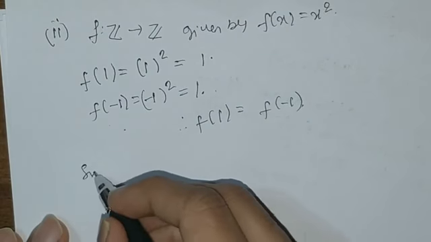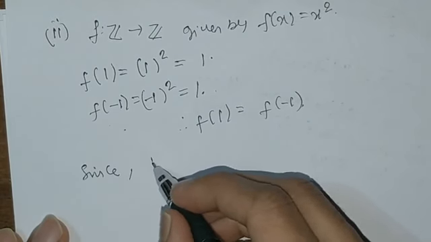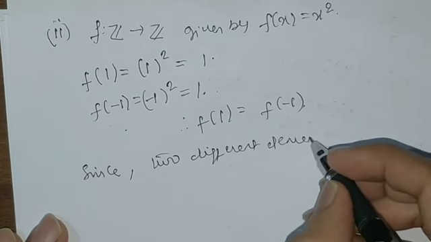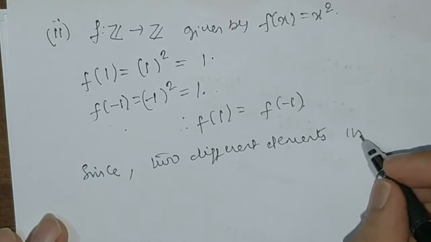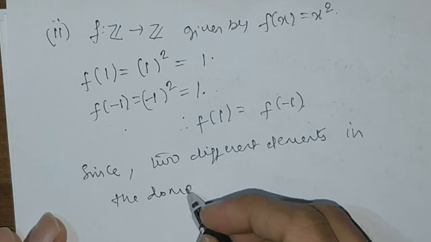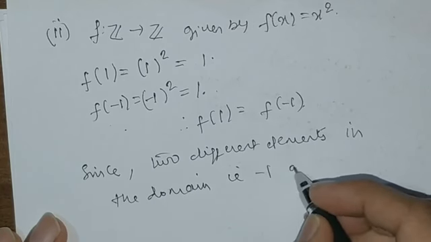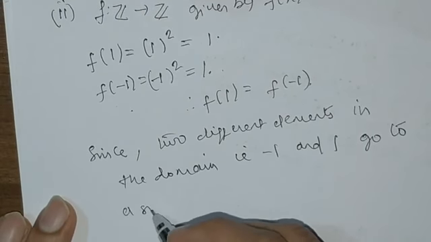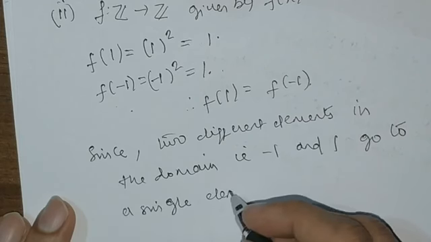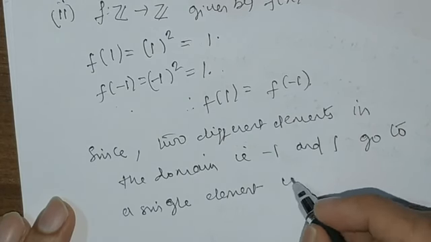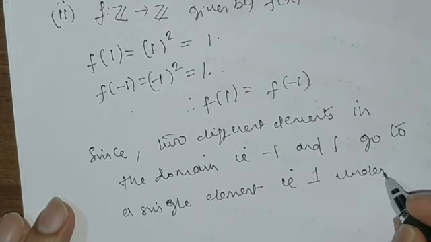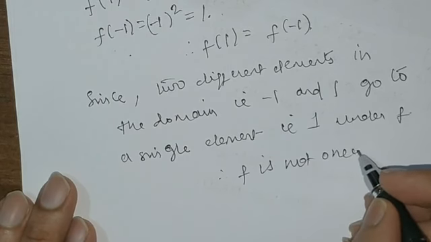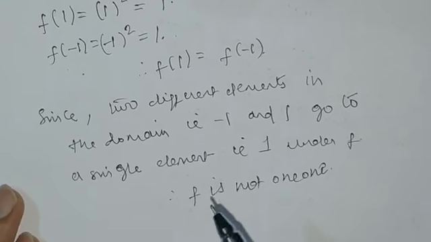So since two different elements in the domain, that is minus 1 and 1, go to a single element, that is 1, under f, therefore f is not 1-1.